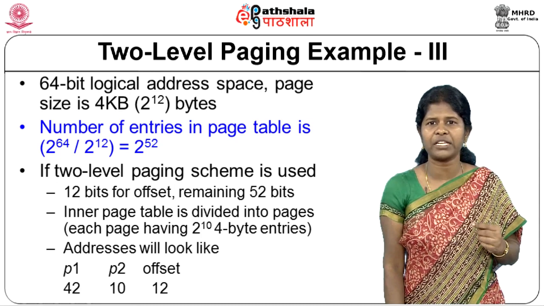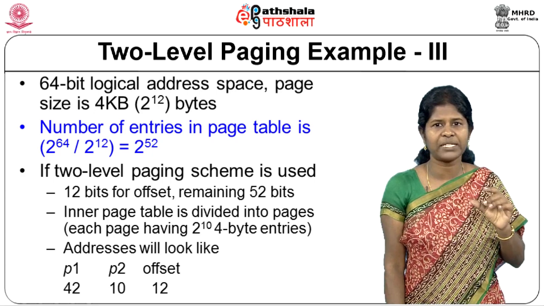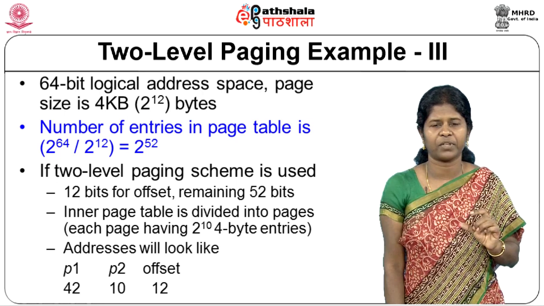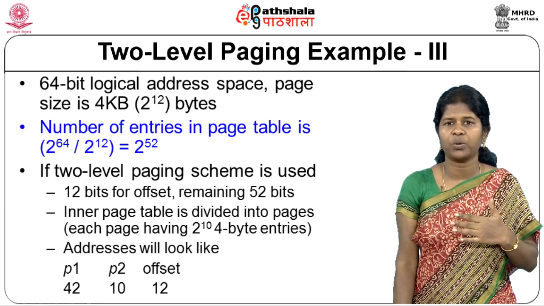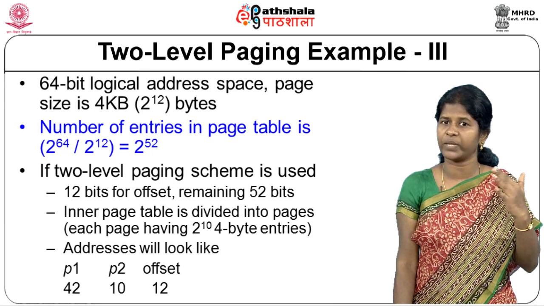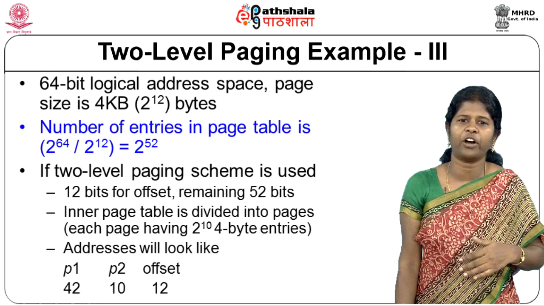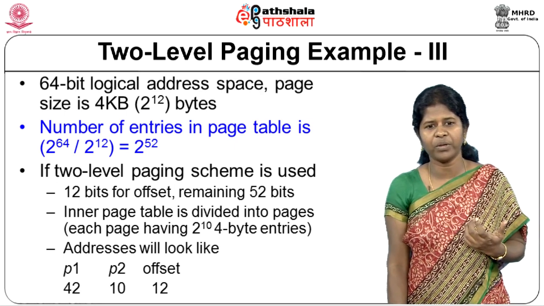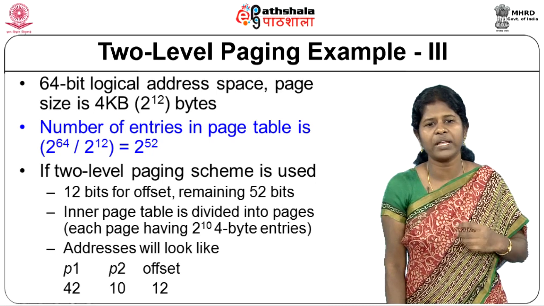You have a 4 byte entry in the page table, so you will have 2 power 10 entries within each piece of the page table. So, 10 bits will go as offset to address within each piece of the page table, and hence the remaining 42 bits will go as the page number. Now here you see that again this is very large. So, what does this refer to?